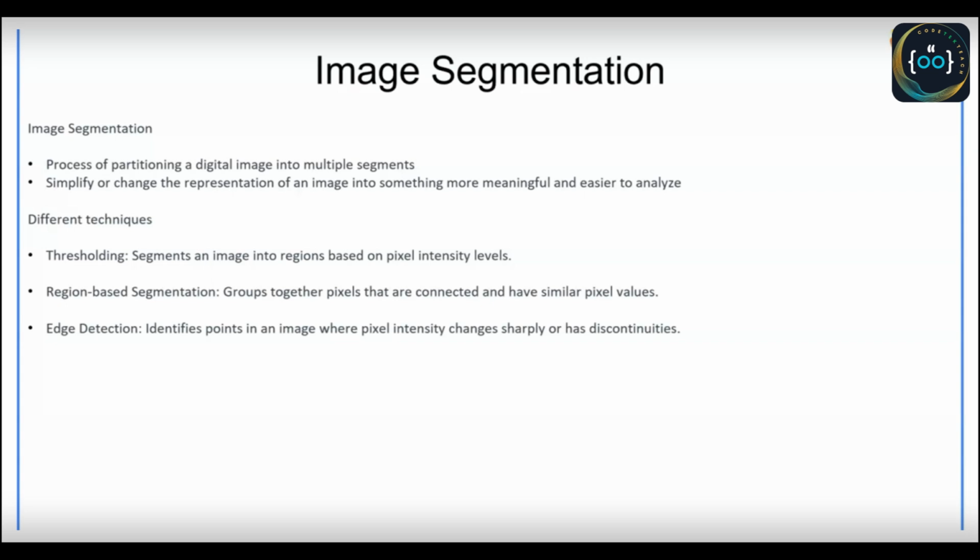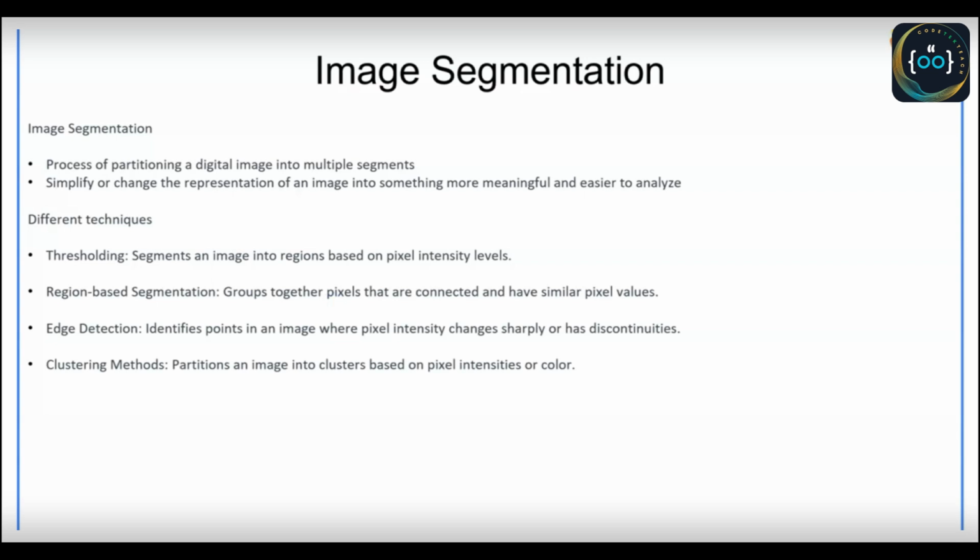The next one on the list is edge detection. This involves identifying points in an image where pixel intensity changes sharply or has discontinuities. The points where pixel intensity is a local minimum or maximum are typically organized into a set of curved line segments termed edges. Next, we will see clustering methods.